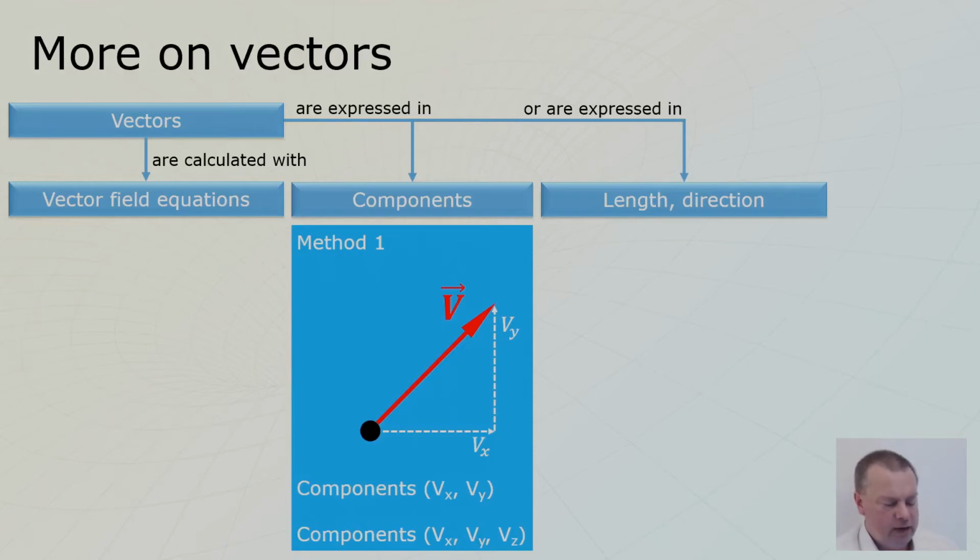When you have a two-dimensional vector, like here on the screen, it's flat, then if I give you two components, in this case Vx and Vy, and you draw them perpendicular to each other, starting from the black dot, which is a location, we just talked about locations and coordinates, it's defined, then you can draw the vector.